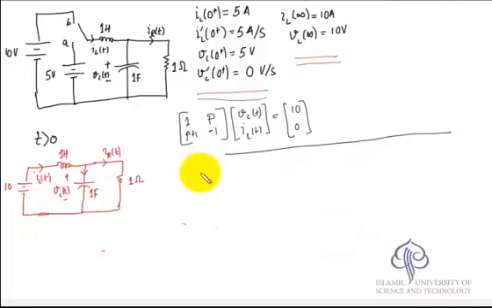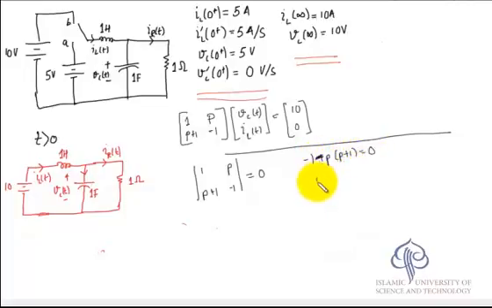So the solution would be the sum of the complementary function and the particular integral. The complementary function is the solution of the homogeneous counterpart of this set of equations, which can be obtained by writing the characteristic equation and finding the values of P. So the characteristic equation for this circuit would be the determinant equal to 0, which is minus 1 minus P plus 1 equal to 0.